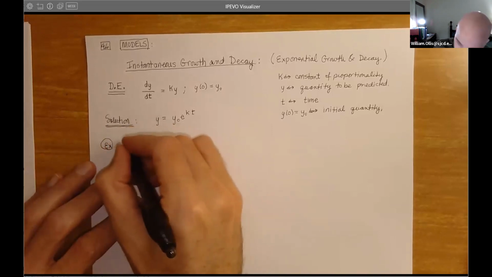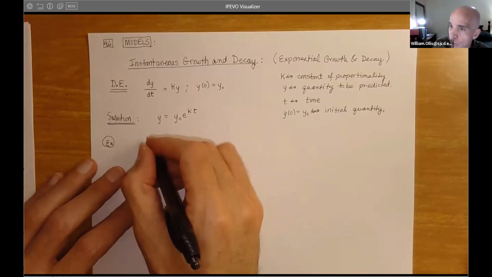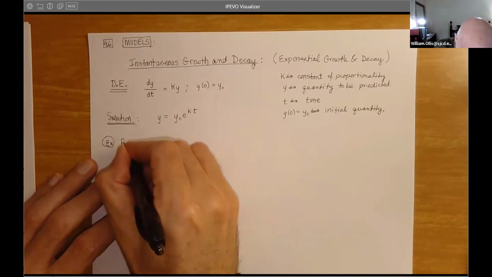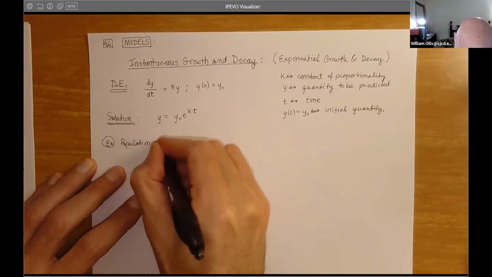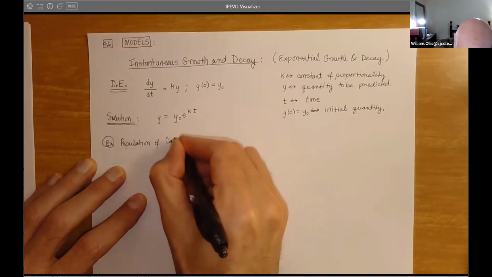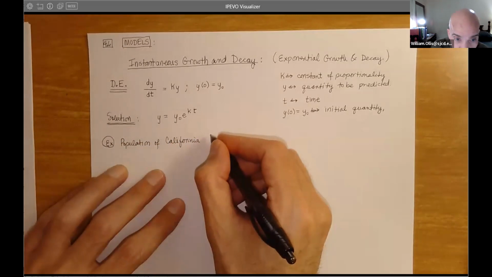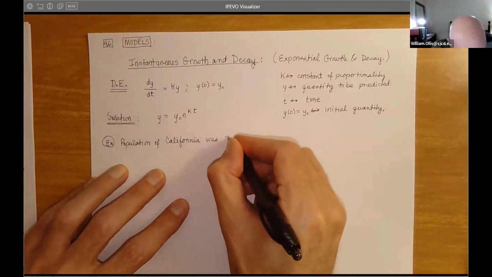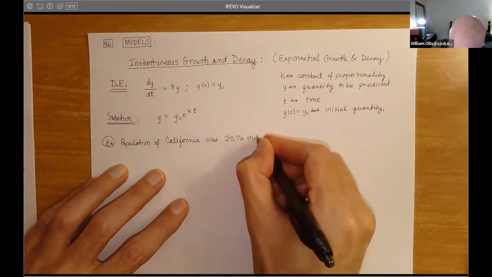So here we have, this is close to home, populations of actual people. The population of California was 29.76 million. This is exact.